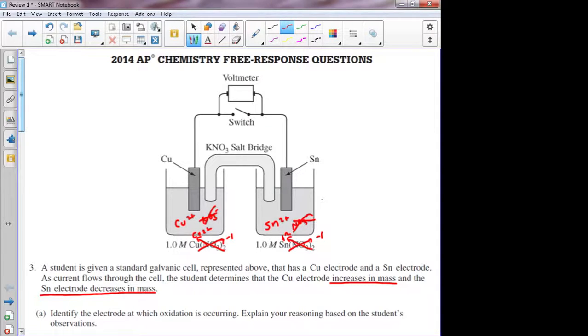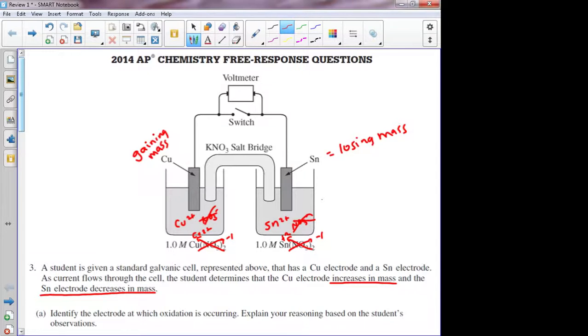Now, this tin electrode is losing mass. This copper electrode is gaining mass. So, which one is being oxidized? The tin. How do I know it's being oxidized?